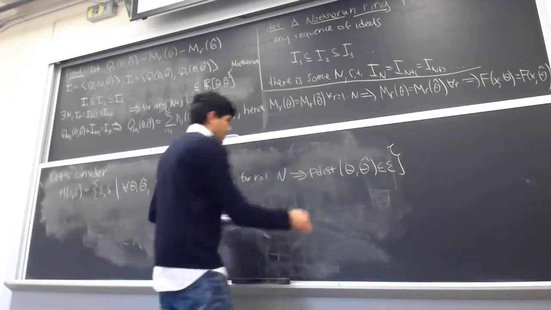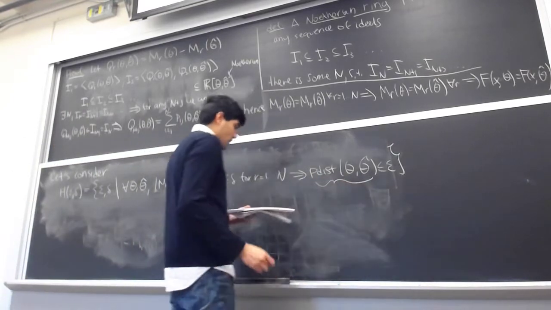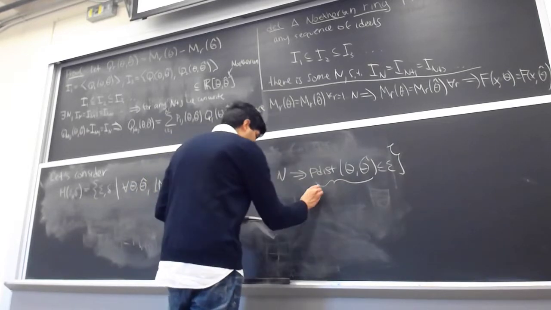So for example, in the case of mixtures of two Gaussians, what would this parameter distance be?